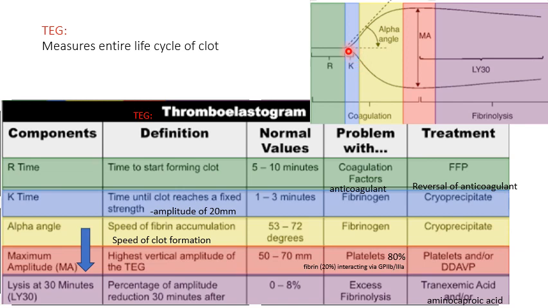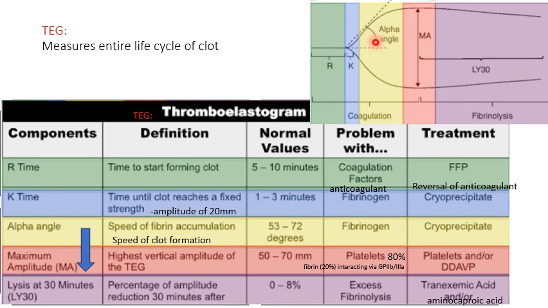Now you can see this is the alpha angle. What is alpha angle? Alpha angle is the angle from the horizontal line to the mid of the tracing, and it tells you the speed of clot formation. So if the clot is forming very quickly, then this alpha angle will increase, and if it is forming very slowly because of any problem, the alpha angle will decrease.